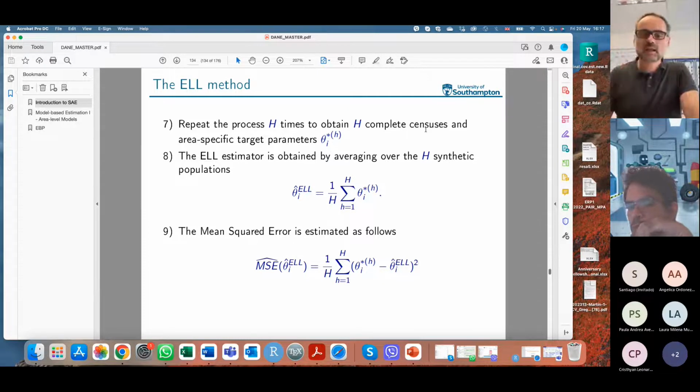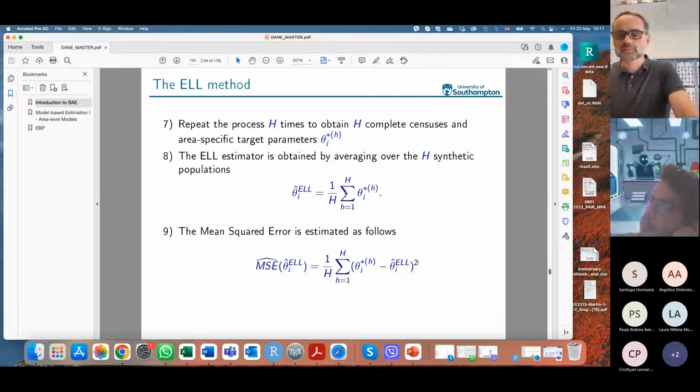And the ELL estimator of the parameter of interest is nothing more than the average, the summation of theta I star h over the total number of times that you have used in order to replicate the entire process.